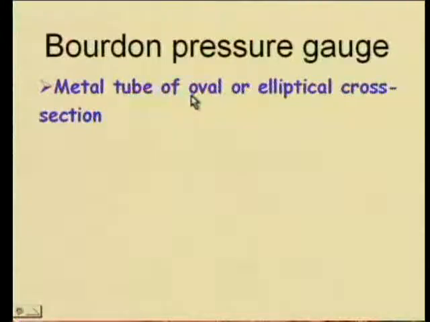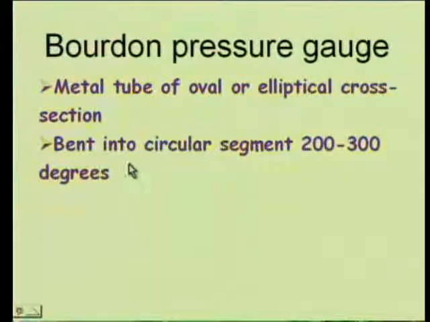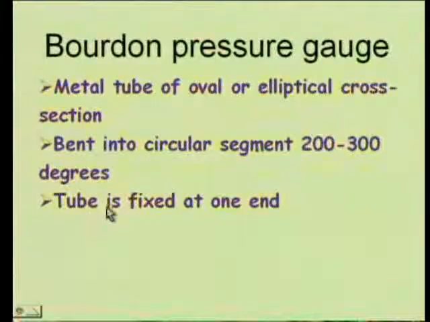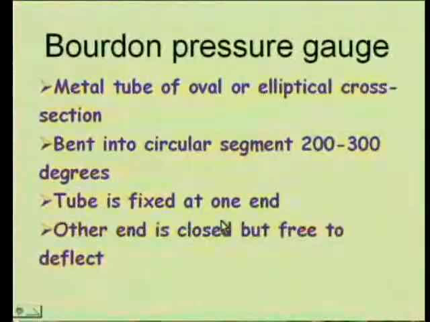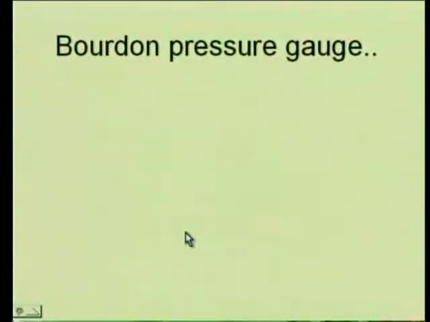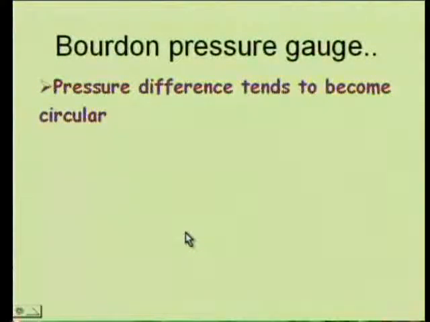So it consists of a metal tube of oval or elliptical cross section. The cross section of the tube is elliptical, bent into a circular segment between 200 to 300 degrees. The tube is fixed at one end and the other end is closed but free to deflect. So the pressure difference tends to make it circular. The cross section which was earlier elliptical now will transform into a circular one due to the pressure.